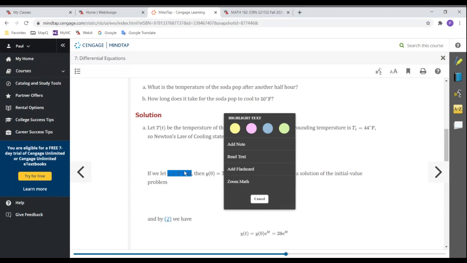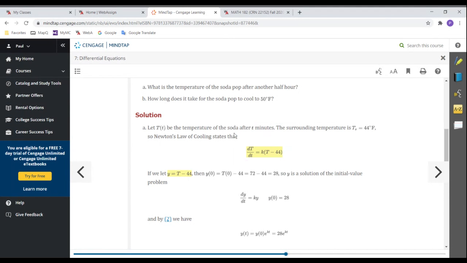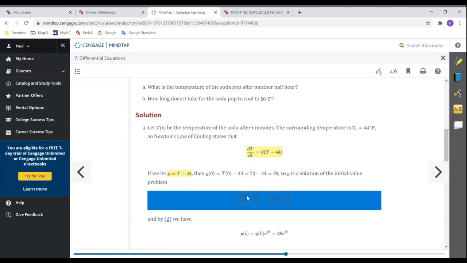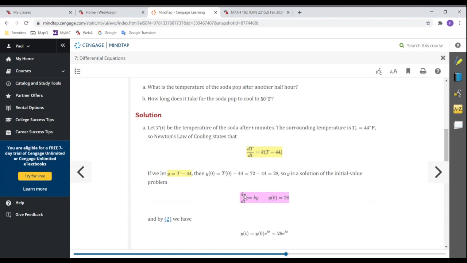What if we let y equal T minus 44? Well, dy/dt would equal dT/dt, so the differential equation could be re-expressed as dy/dt equals k times y.